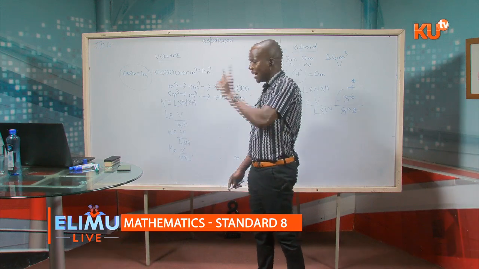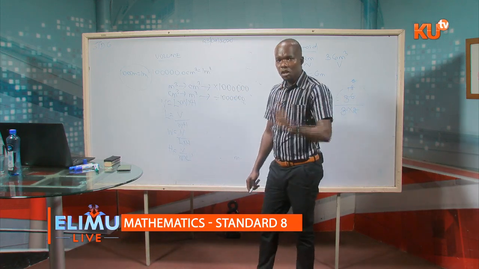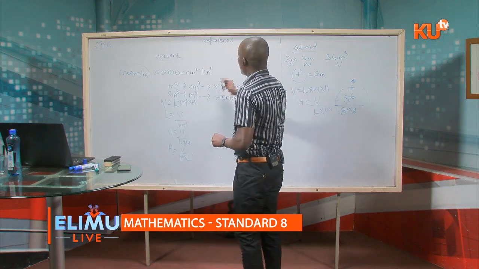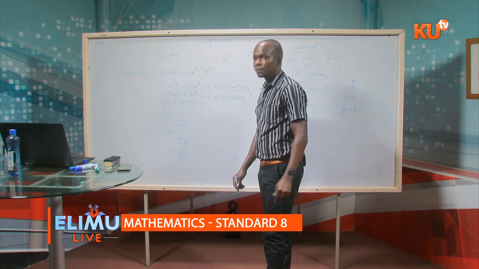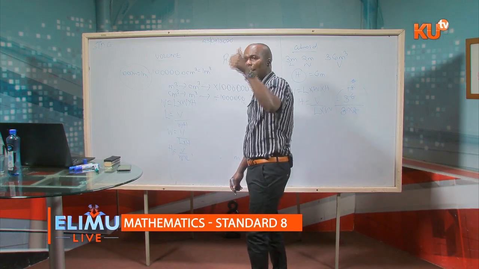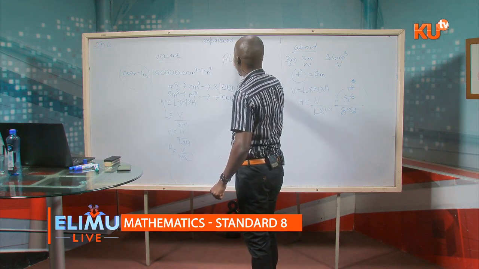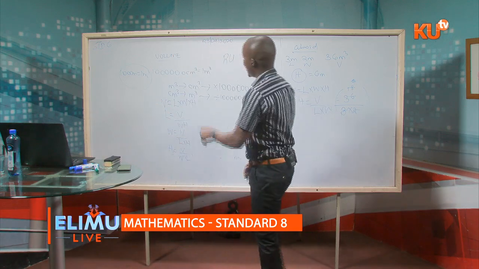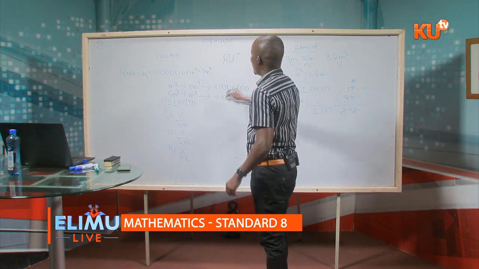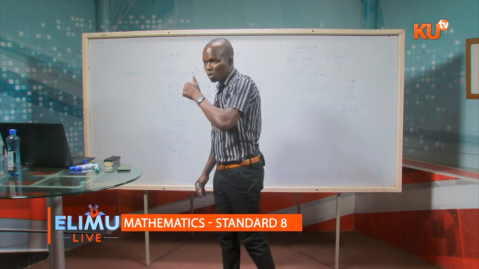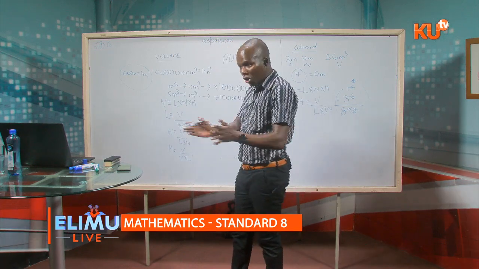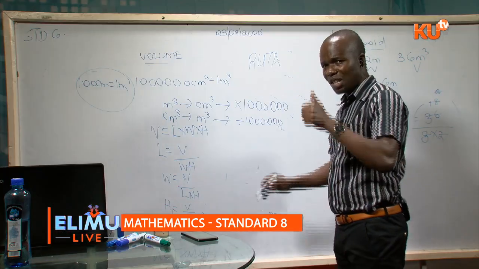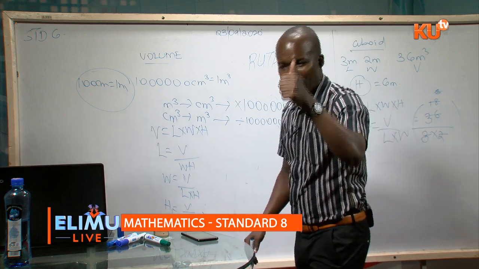I'll repeat again that if you have a word problem, always first do this. Read your question. Once you read, then do what? Understand your question. Kabisa. You can't work out a question bila kuelewa. You utakuwa unafanya zero. So understand. Then next one is to think of what to do. In a flash, don't take a whole time. Then now, answer. As you answer your question, give it your best.